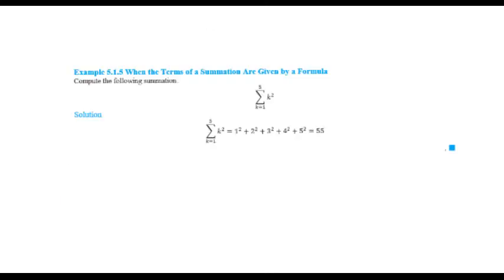As another example of summation, let's see this example where the sequence is given by the explicit formula. So we have a summation from k equals 1 to 5 of k squared, right? To calculate this, we first have to expand it.